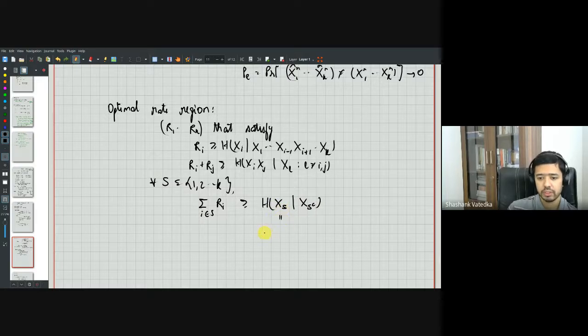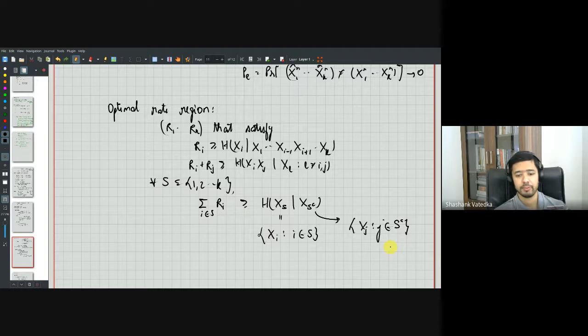So this is the set of all Xi where i belongs to S, and this is the set of all Xj where j belongs to S complement. All right, so this turns out to be the optimal rate region, and this is very well understood. Again, we can achieve all of this using random encoders and joint typicality decoders.